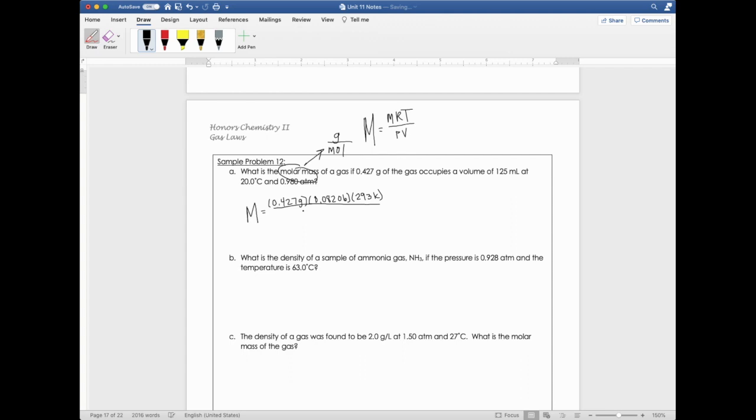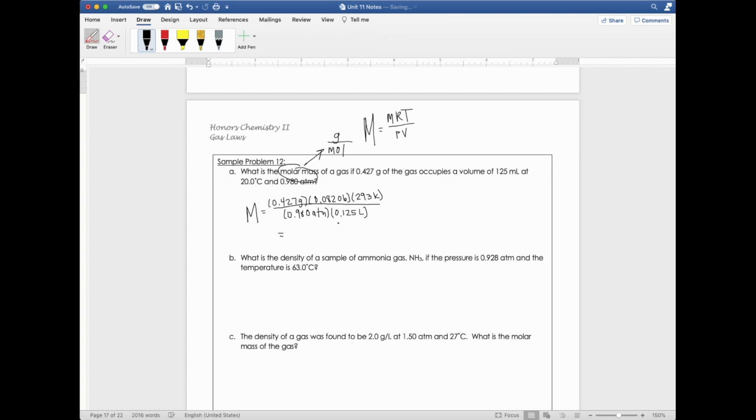Let's go ahead and divide this by the pressure, which is 0.980, and the volume it occupies is 125 milliliters, but don't forget to convert that to liters.